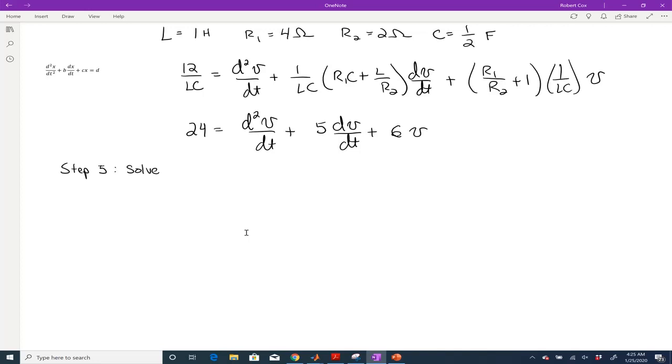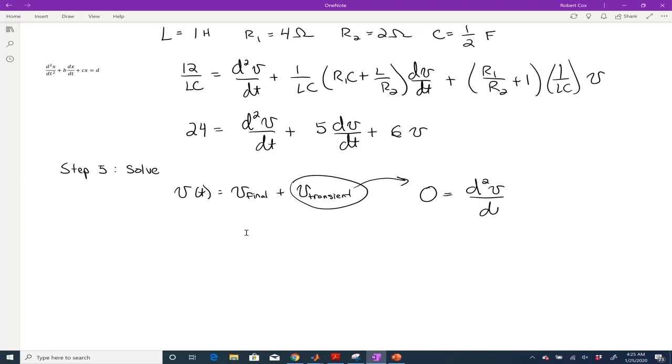The solution V of t is always equal to V final plus V transient. The transient solution in particular solves the differential equation 0 equals d squared V/dt squared plus 5 dV/dt plus 6V. We call this the homogeneous equation.